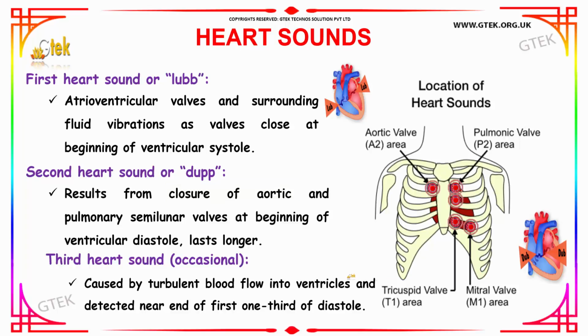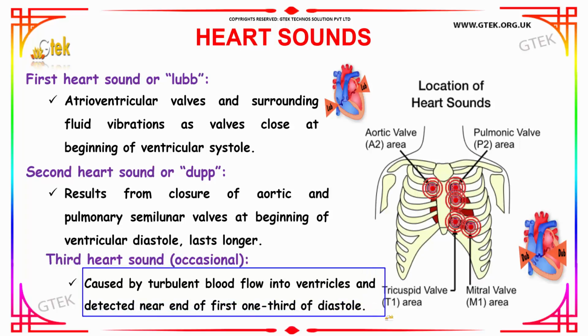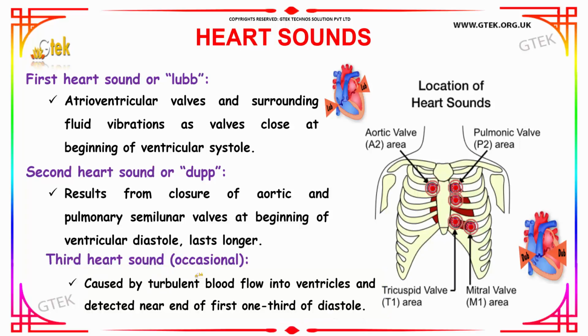The third sound that occurs occasionally is caused by the turbulent blood flow into the ventricles, and it is detected near the end of the first third of the diastole. So these are the sounds that your heart produces, by the aortic, pulmonary, tricuspid or bicuspid valves.